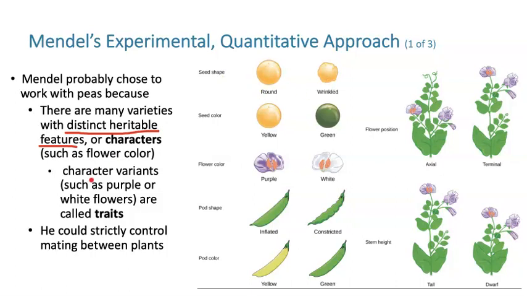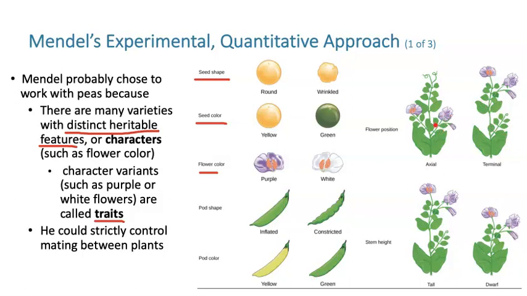The variants of the character are called traits. So the traits would be round and wrinkled, and the character would be seed shape. You can do the same thing for seed color as the characteristic, with yellow and green as the traits. Same with flower color: purple and white are the traits. There's also pod shape, inflated and constricted, and pod color, yellow and green.